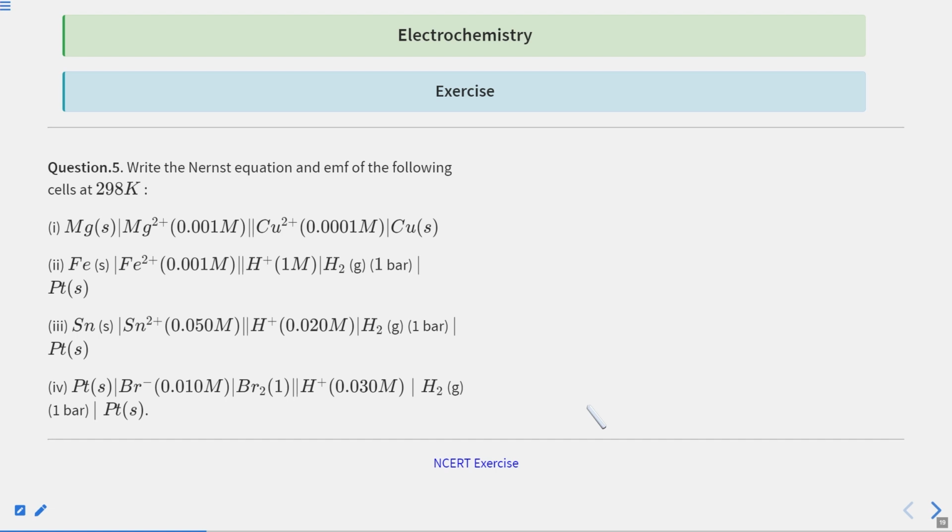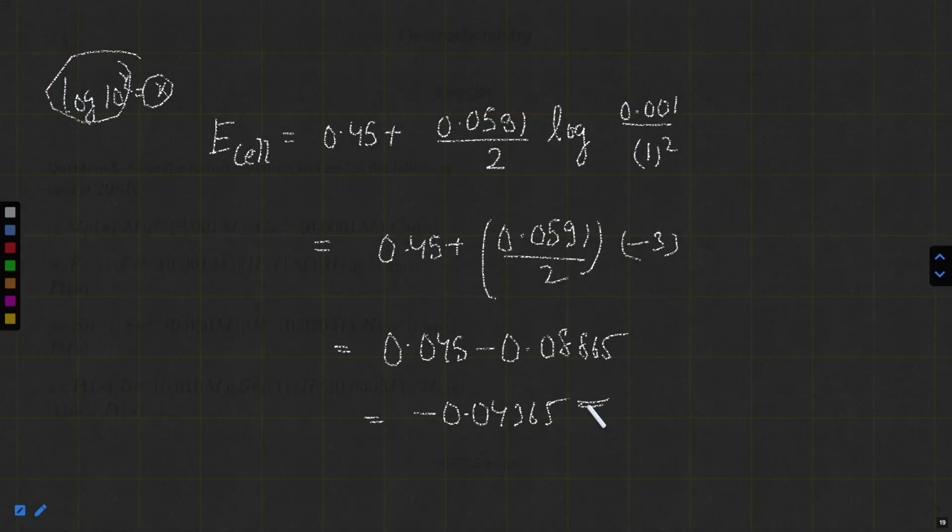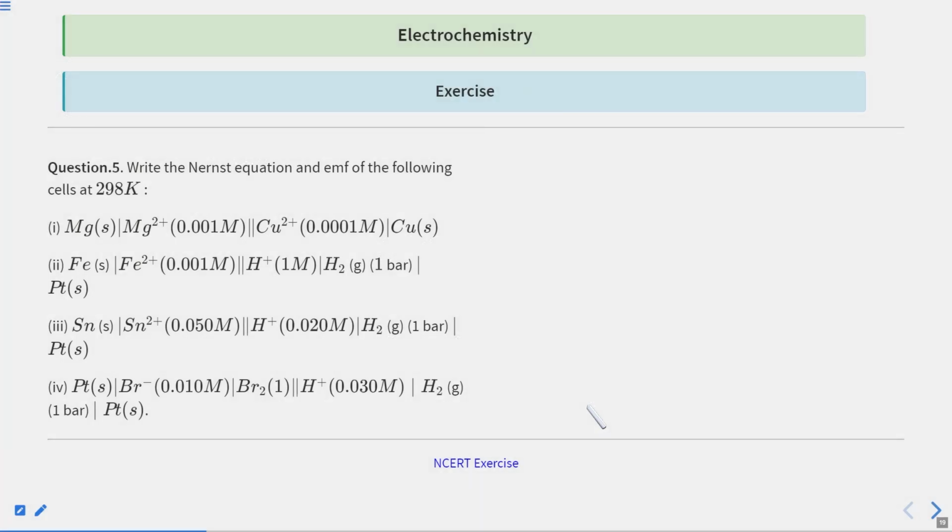Now the next question. We got this, so try the next question. I'm giving you the values right now, just try it by yourself. The E naught value for Sn going to Sn2 plus is not given. It is Sn2 plus to Sn that is given, and this value is approximately 0.15.